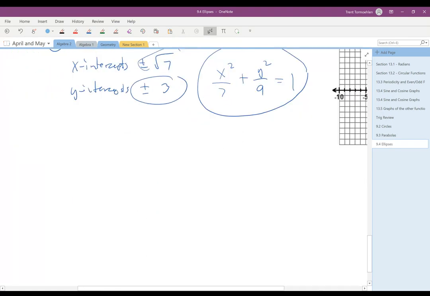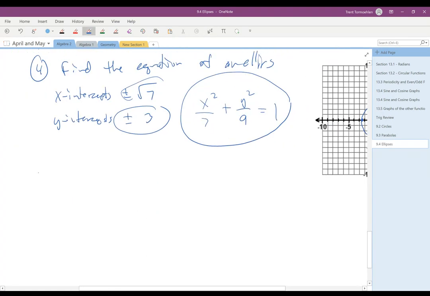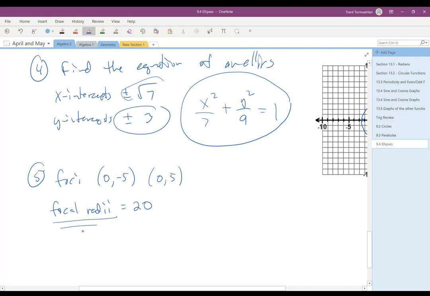And then the last type of problem you can have is one where you're given the foci. And so if you had the foci are 0, -5, and 0, 5, and then the focal radii, which is the sum of the distances, so the focal radii is always 2c.